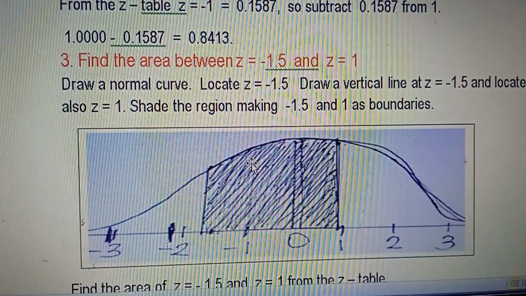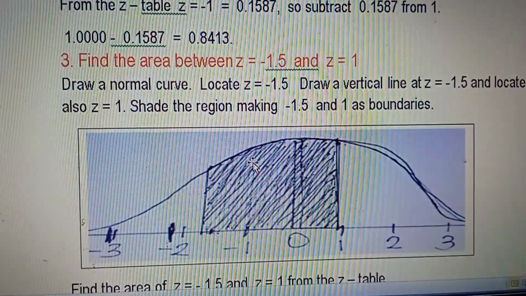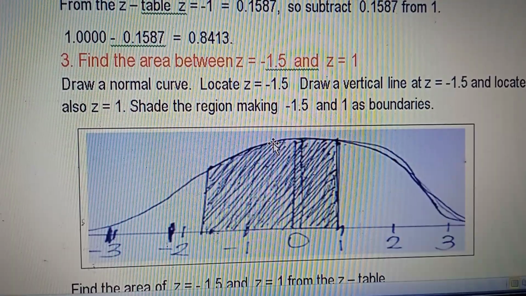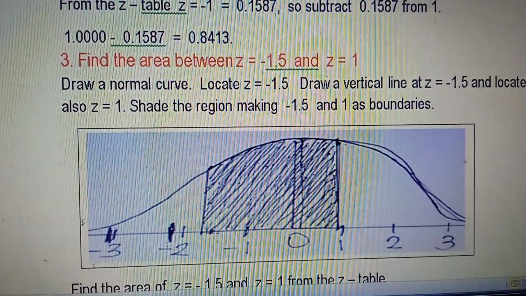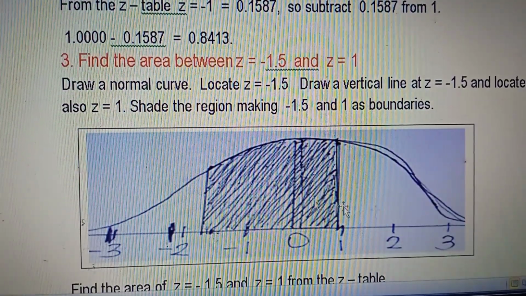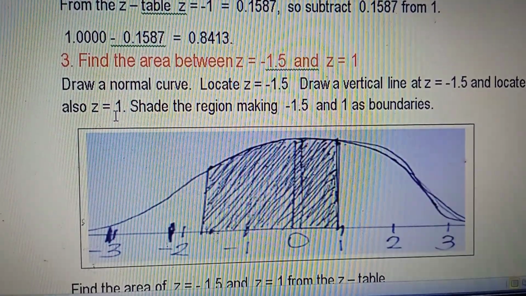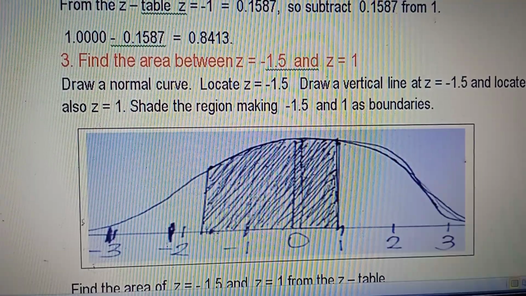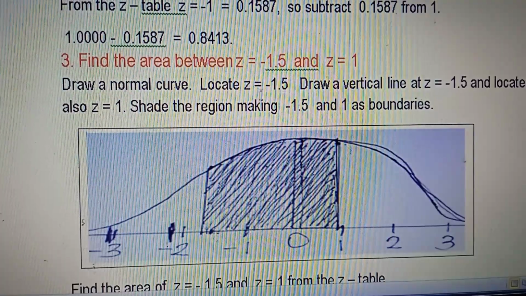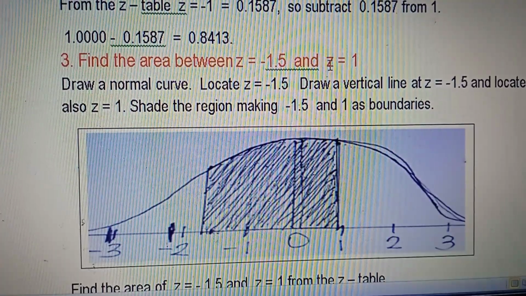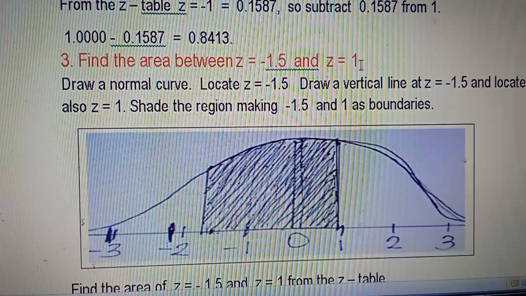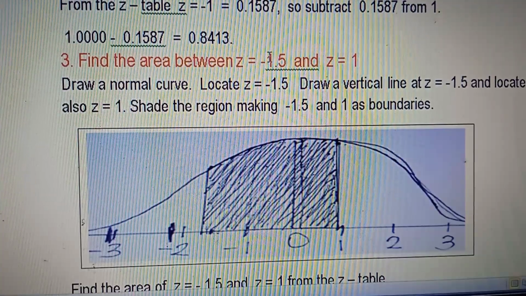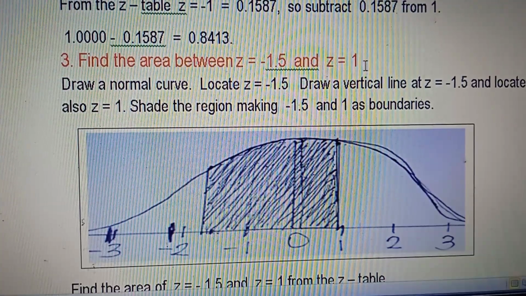Number 3. Find the area between z equals negative 1.5 and z equals 1.